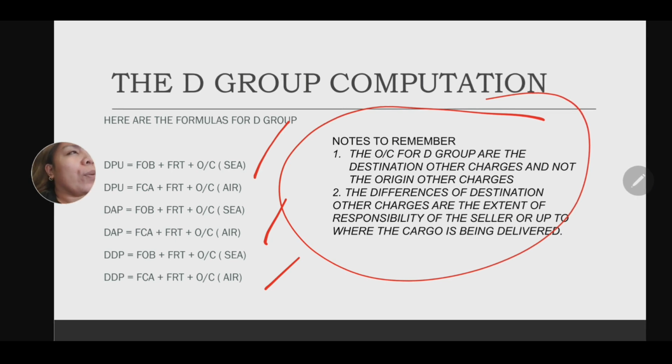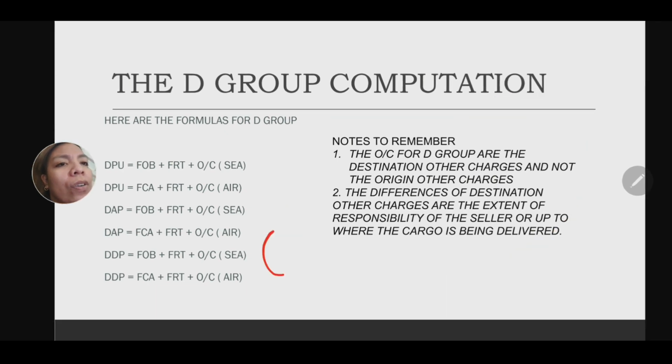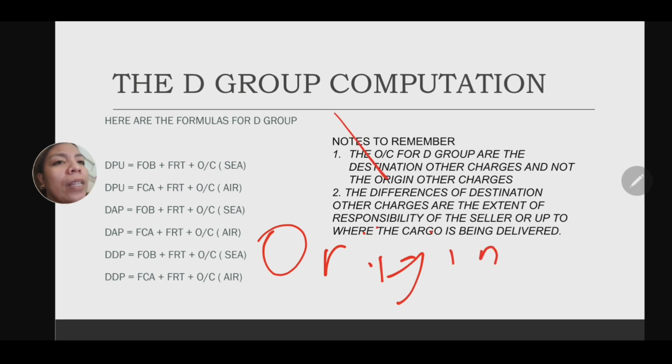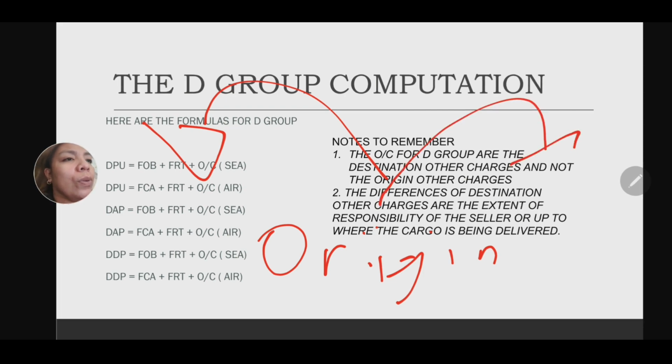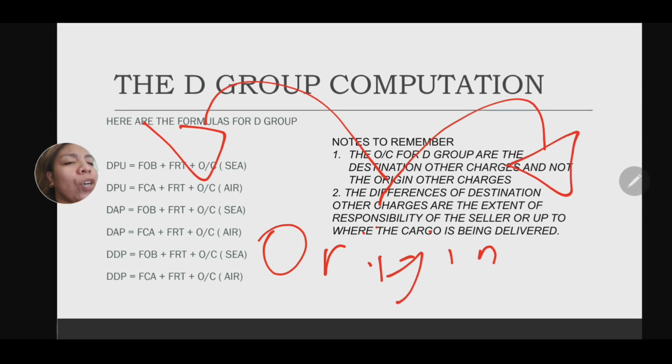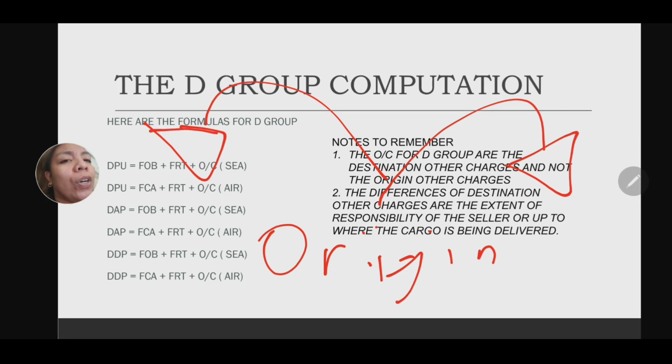And by the way, guys, take note that the origin other charges are those other charges that have been incurred at the country of exportation or the country of origin, before the cargo was delivered.